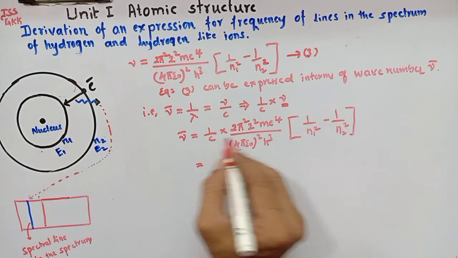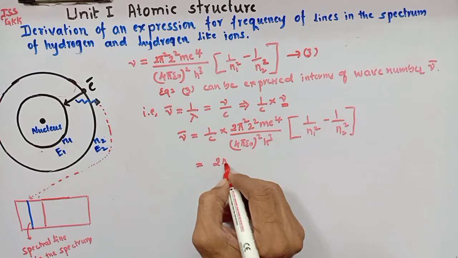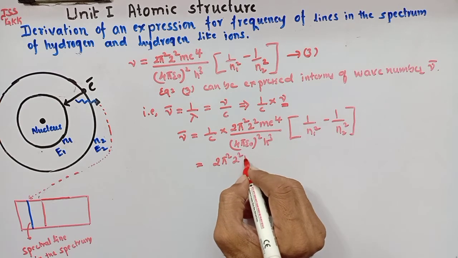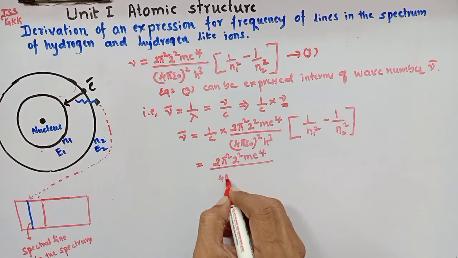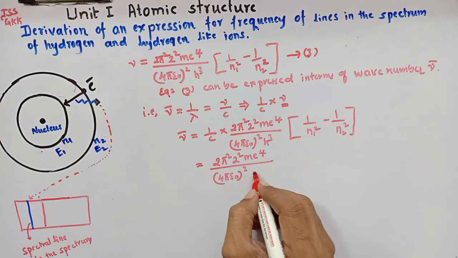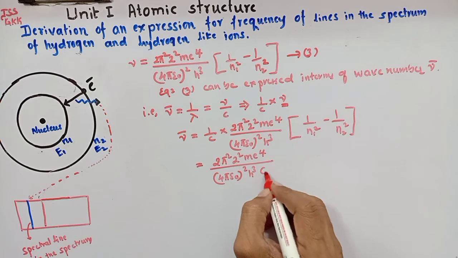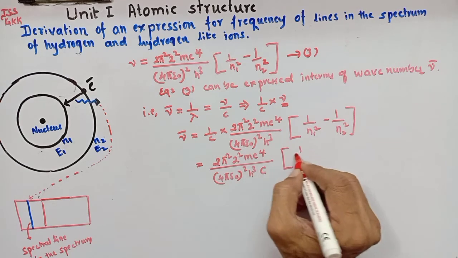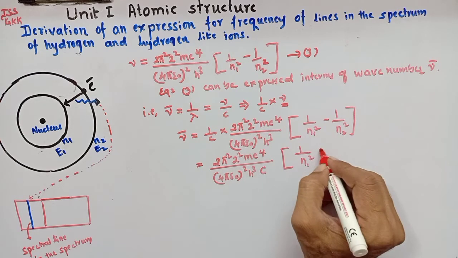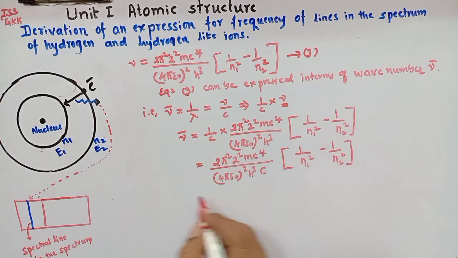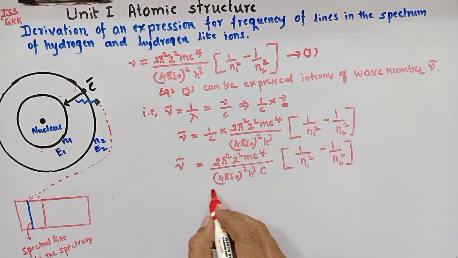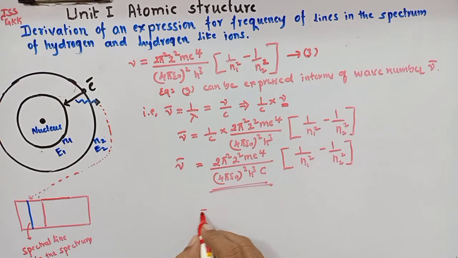That is, you multiply here, that means 2 pi square z square m e raised to 4 divided by 4 pi epsilon naught whole square h cube c into 1 over n1 square minus 1 over n2 square. Here this factor is known as Rydberg constant.